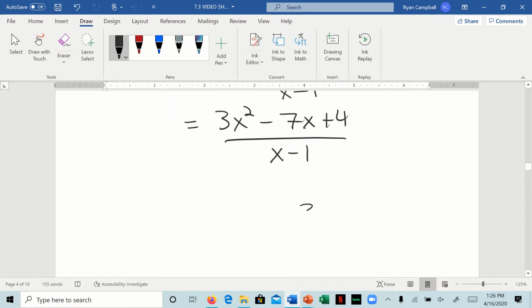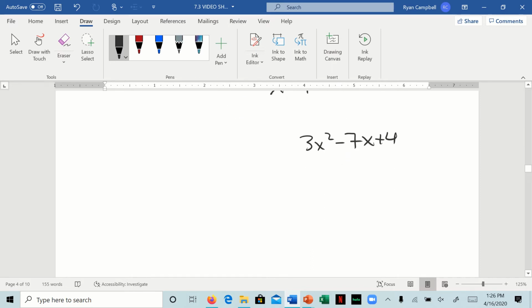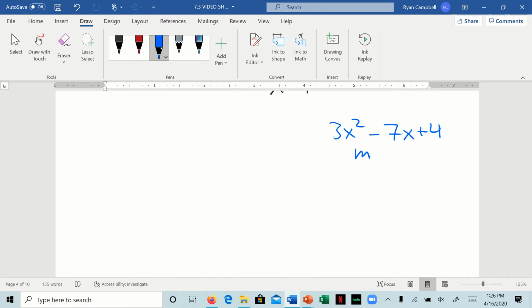All right, so we've got to factor 3x squared minus 7x plus 4. So what two numbers multiplied get you 3 times 4, which is 12, and add to get you negative 7?